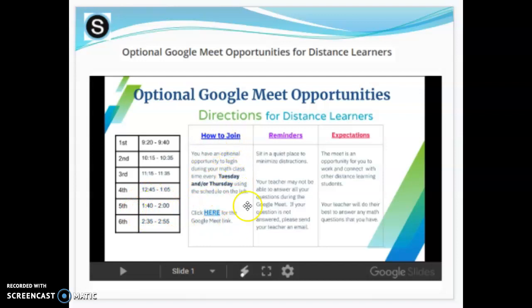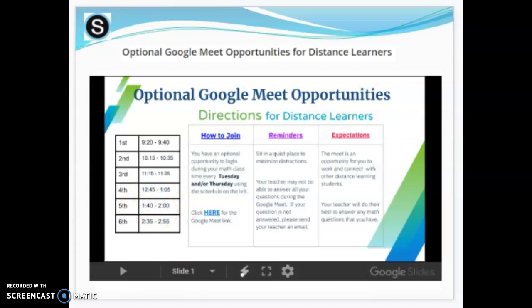I have directions for how to join. I've got reminders and expectations that you should read all of this before you click here and join the Google Meet. That way you know what's expected of you when you do that. This is completely optional for only if you have questions. I can hopefully be able to answer your questions during that class time.